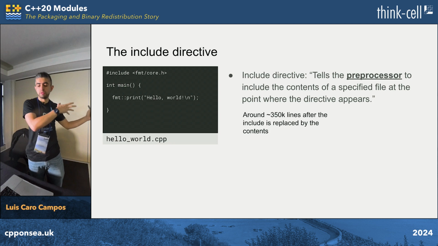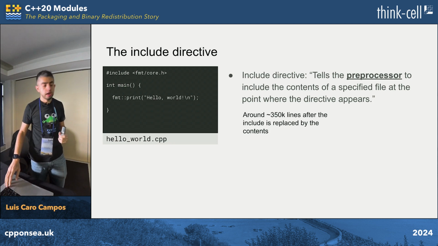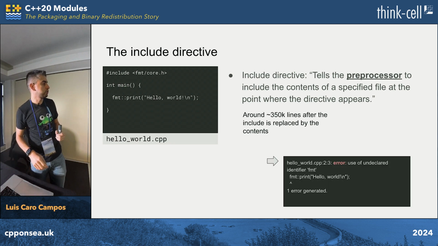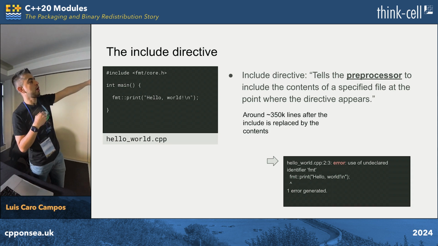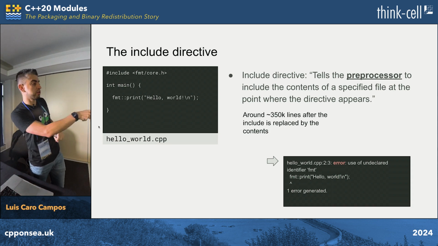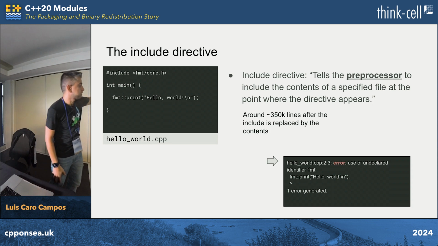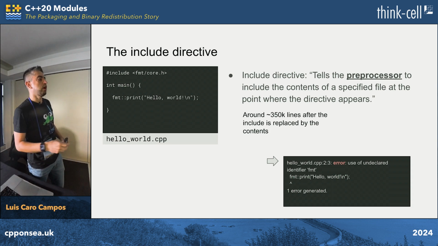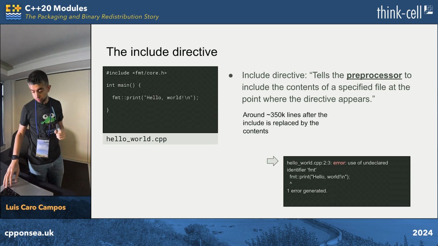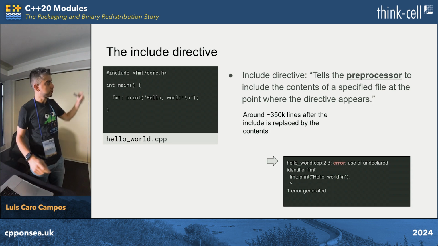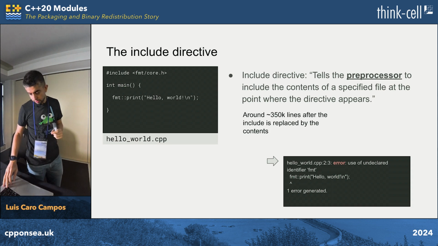This is what we're all familiar with at the moment. If the compiler is not able to find that file, or if you miss the include directive there, the compiler is going to tell you when it gets to that line: use of an undeclared identifier. That's what's going to happen. So the idea with modules, and we're going to see later, is to replace that include with an import.